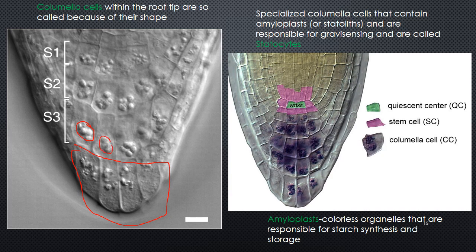And if you notice, they are all at the bottom of the cell. So I'm circling the amyloplast. This right here is the entire columella cell, and note that the amyloplast is at the bottom. And the reason for that is because they are very heavy, so they fall in whichever direction is down. So we'll get to details on that later, but I did want you to know what those are.